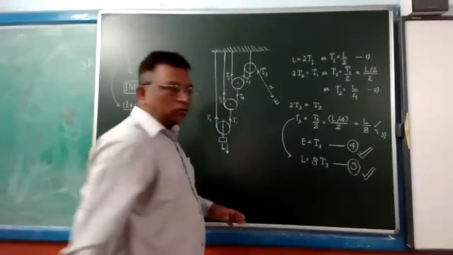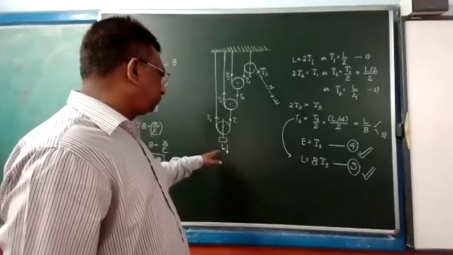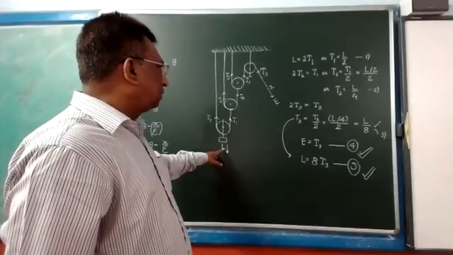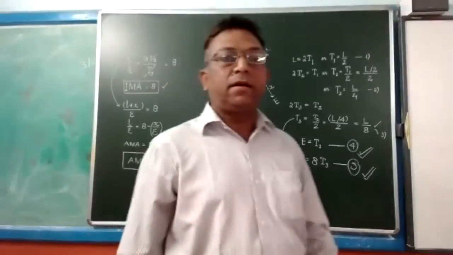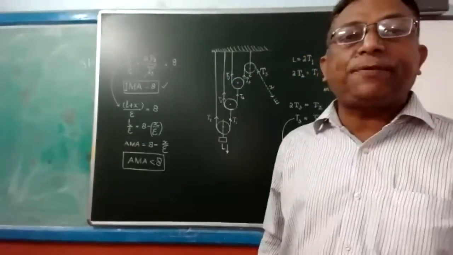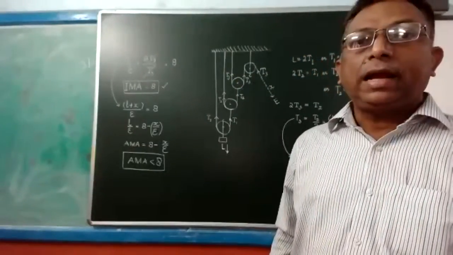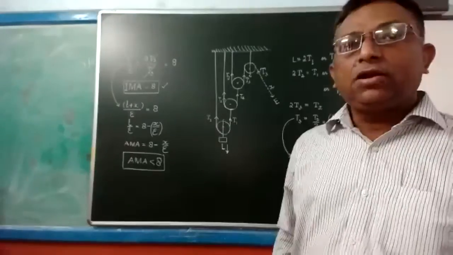So you are observing here that velocity ratio is defined as effort distance divided by load distance.